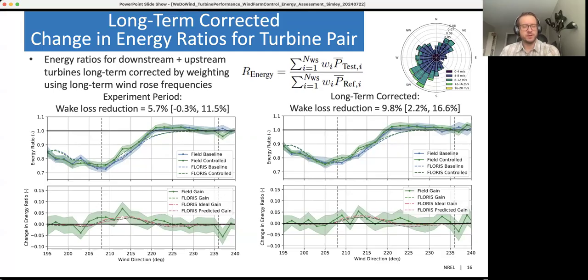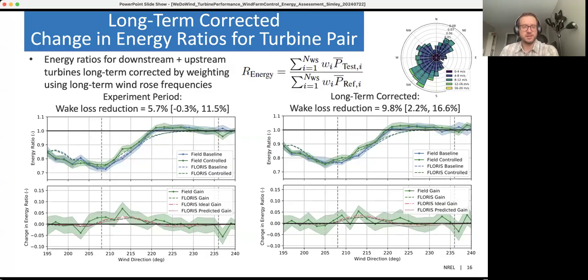For this experiment, we quantified the total change in energy with wake steering as how much it reduced the wake losses for this wind direction sector. During the experiment, we estimated that wake steering reduced the wake losses by 5.7%, and the confidence interval of that estimate was very large, even overlapped with 0.